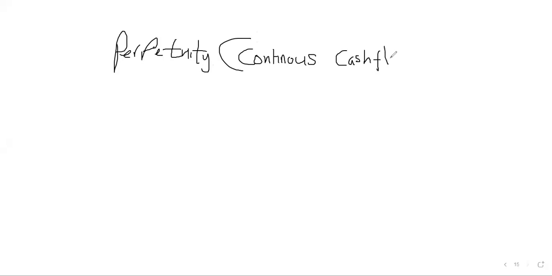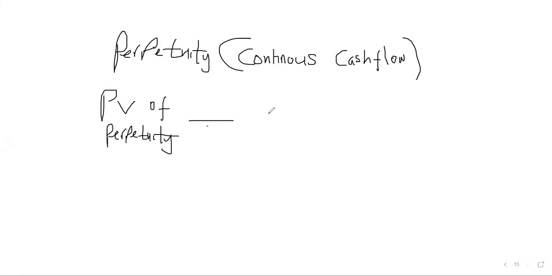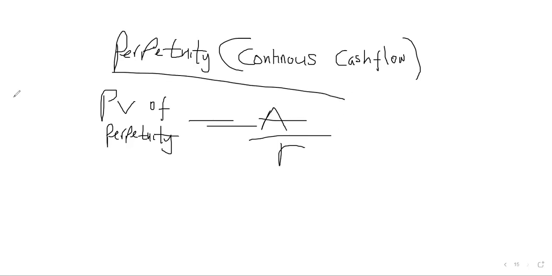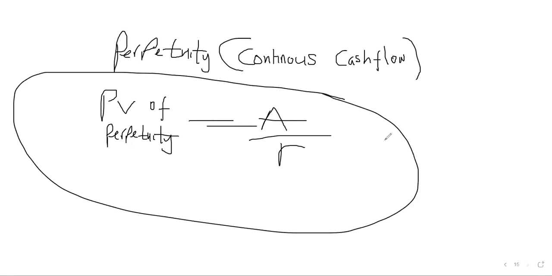So the value of perpetuity is equal to the present value of perpetuity. The present value of perpetuity is actually equal to amount over r.